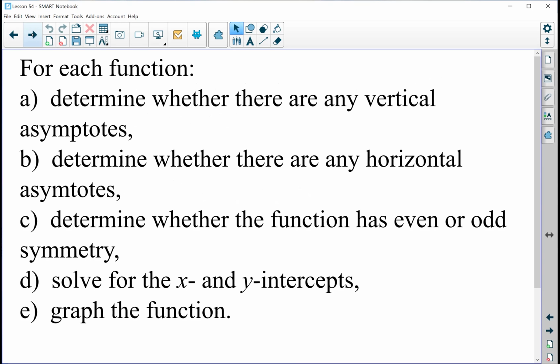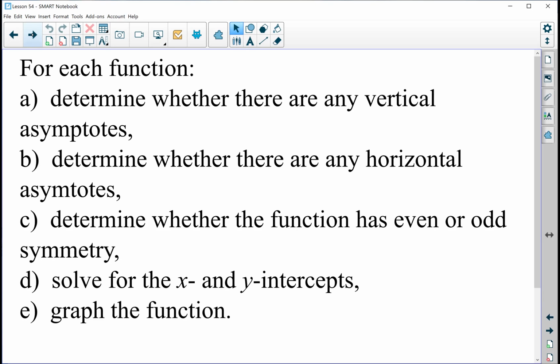All right. So we're going to do a couple of examples. And I did this on a separate page so that I don't have to keep scrolling up and down. We're going to determine if there are any vertical asymptotes, horizontal asymptotes, if the function is either odd or even, and then we're going to find the x and y intercepts.